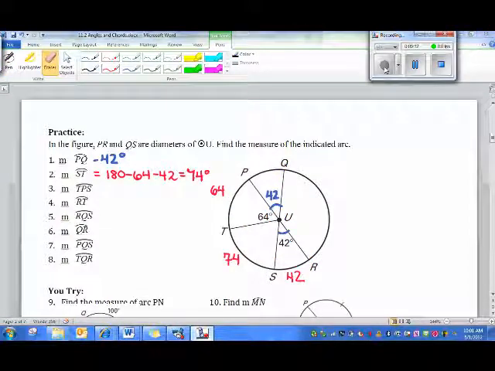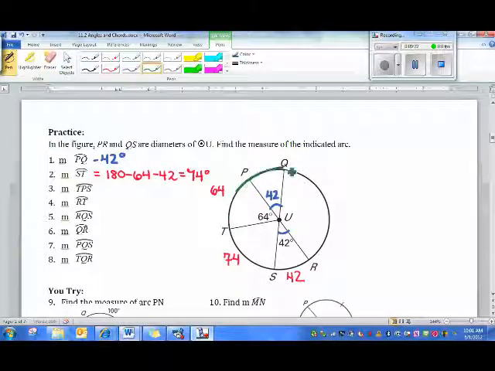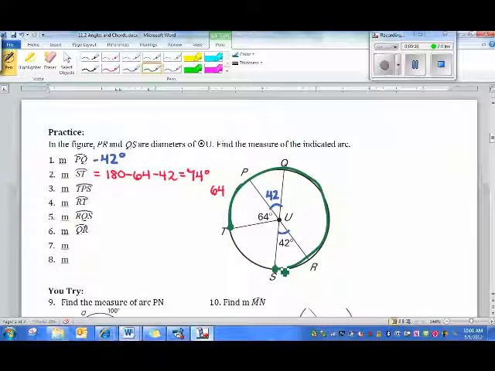The next one it wants me to find is arc TPS. I love these questions because there's so many different ways you can answer them. Arc TPS literally wraps around everywhere. It starts at T, and it goes all the way around the circle until it gets to S. The only thing it's not counting is arc TS, because I've looped all the way around.